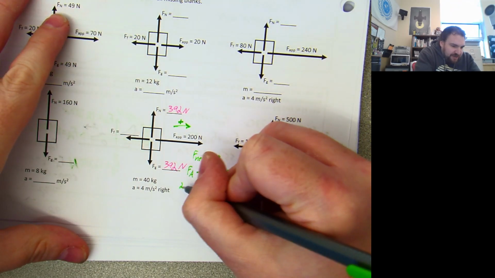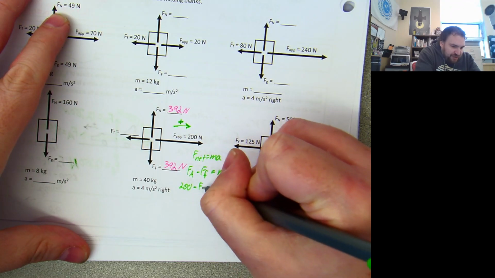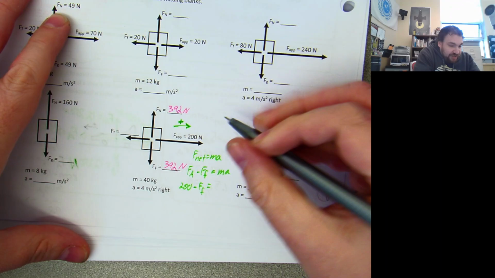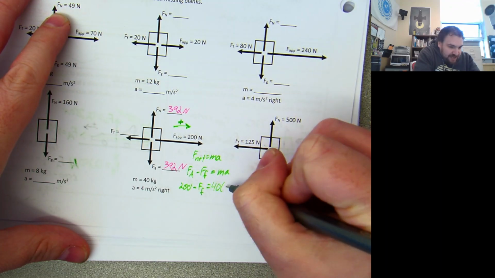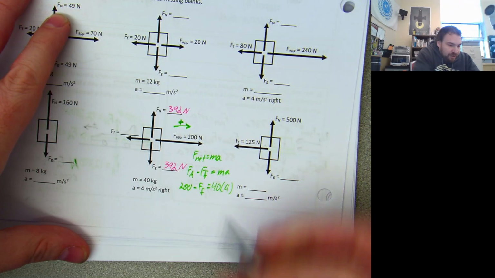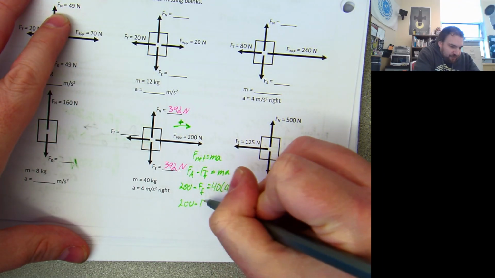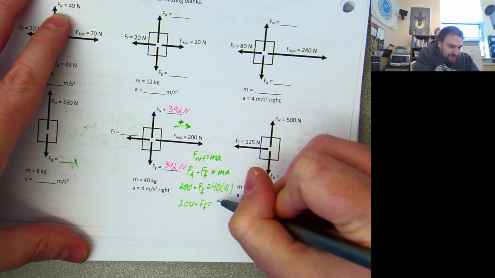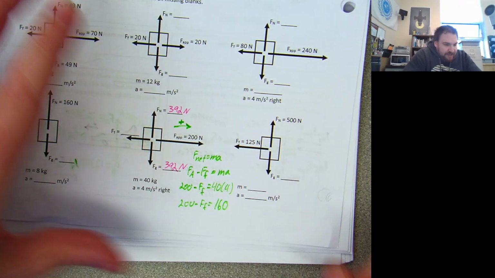Fa is 200 minus the force of friction, which is what we're looking for, is going to equal the mass, which is 40, times a, which is 4. So we're going to get 200 minus the force of friction equals 4 times 4 is 16, and the other 0 is 160.